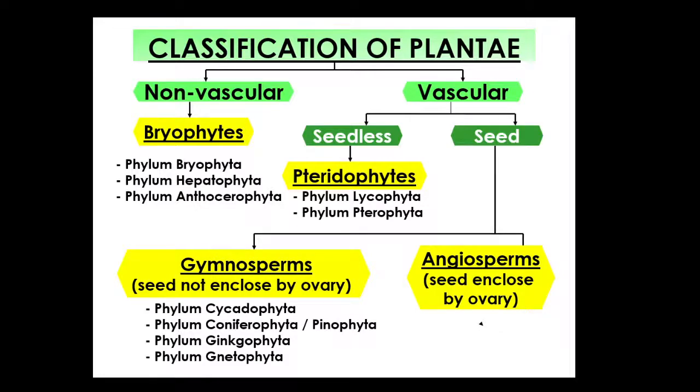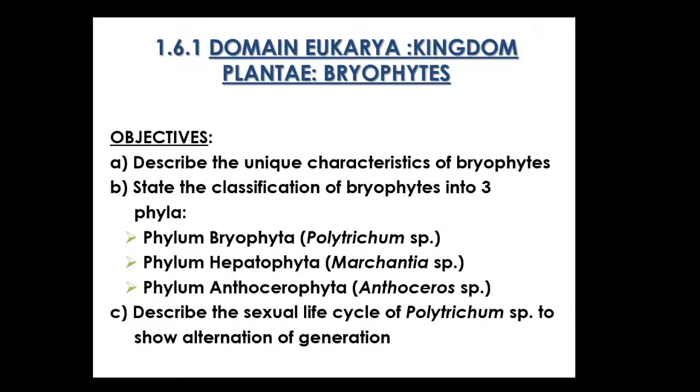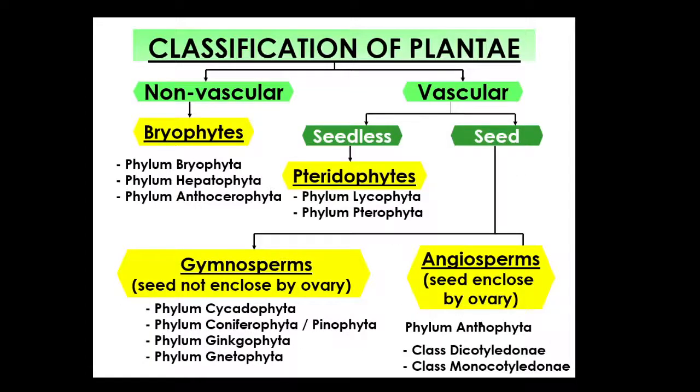Under gymnosperms, you can divide that into four phyla: Cycadophyta, Coniferophyta, Ginkgophyta, and Gnetophyta. Within angiosperms, there is phylum Anthophyta, and then you can further classify that into two classes, class Dicotyledonnae and class Monocotyledonnae. So that is pretty much it for the first bit of Plantae.